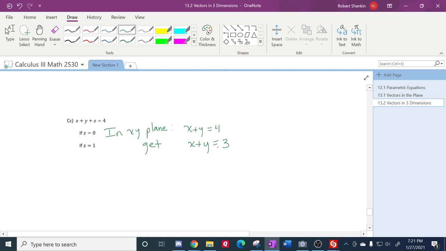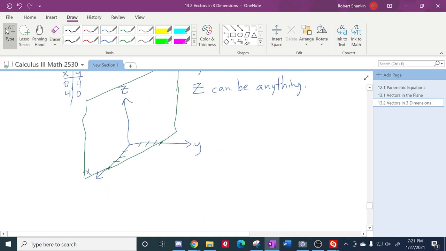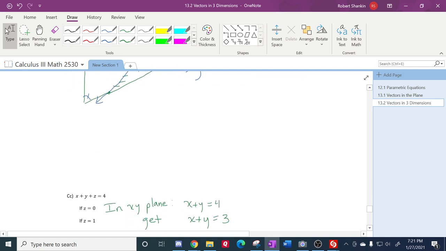So what does this do? That shifts this line. X plus y equals 3. If I was to graph that, that would be going to this x-intercept and this y-intercept, and it would shift the line in this bit of a direction, kind of back towards the origin a little bit. But it's up 1 unit in height as well.